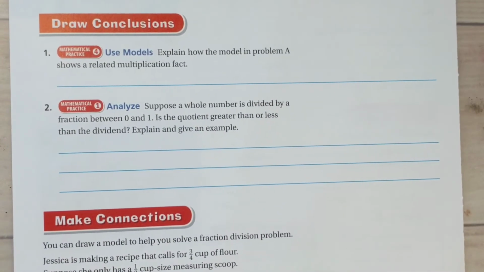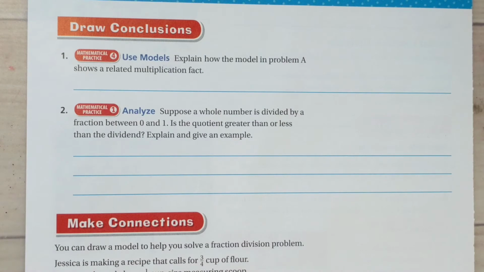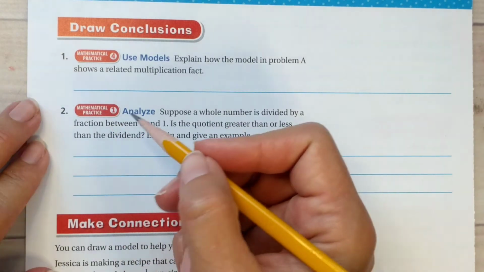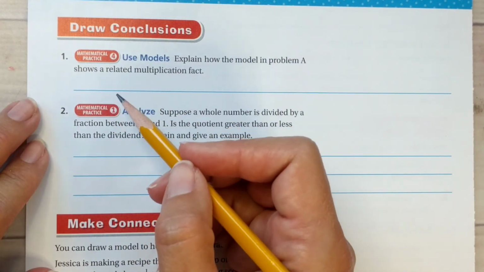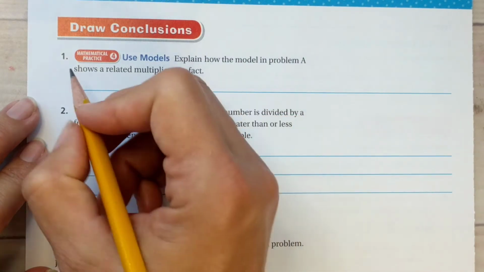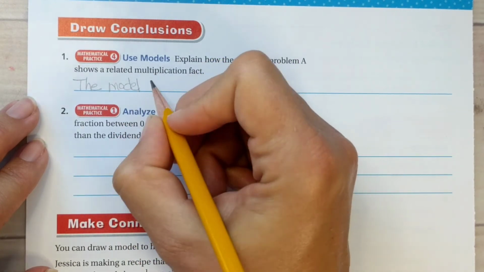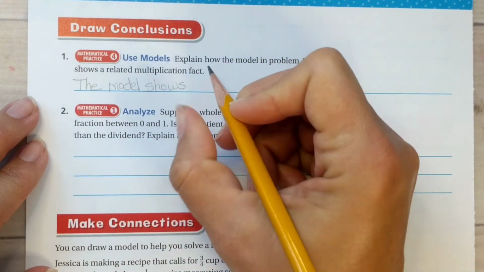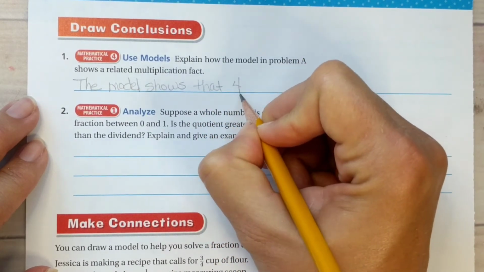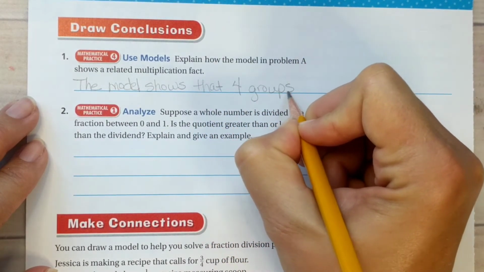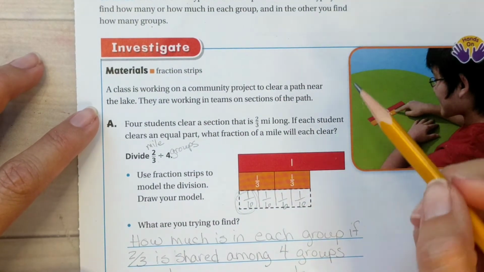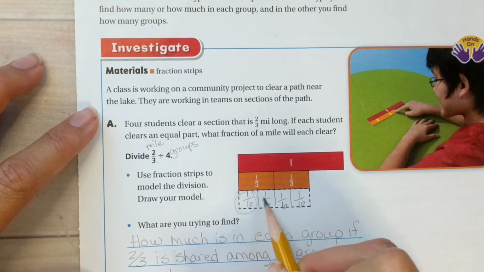Okay, so draw conclusions. Explain how the model in problem A shows a related multiplication fact. So basically what they're saying is, can you reverse the division with multiplication and come up with the same numbers? So the model shows that 4 groups, remember in the first one we had 4 groups, 1, 2, 3, 4.